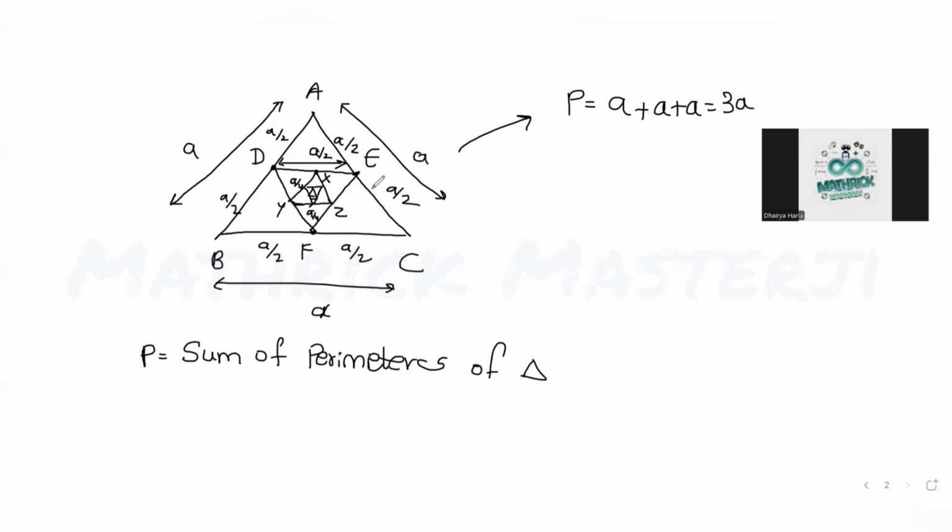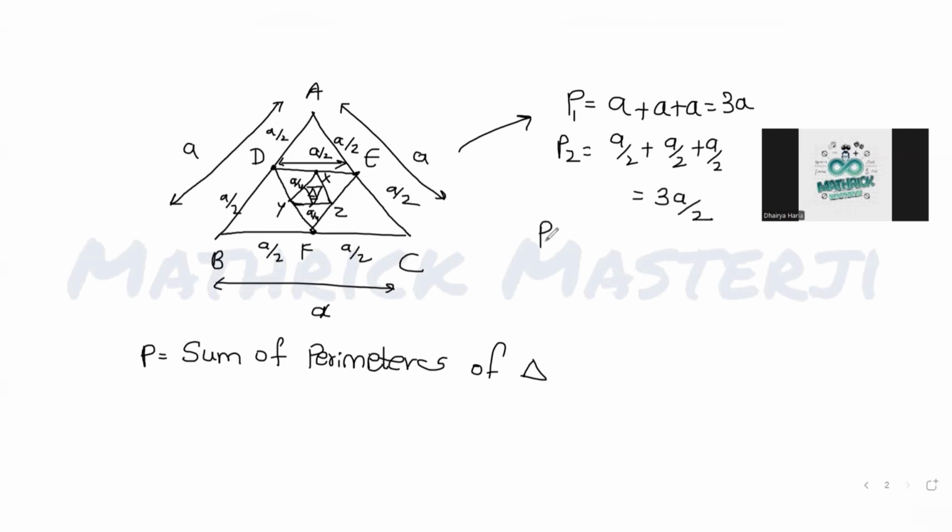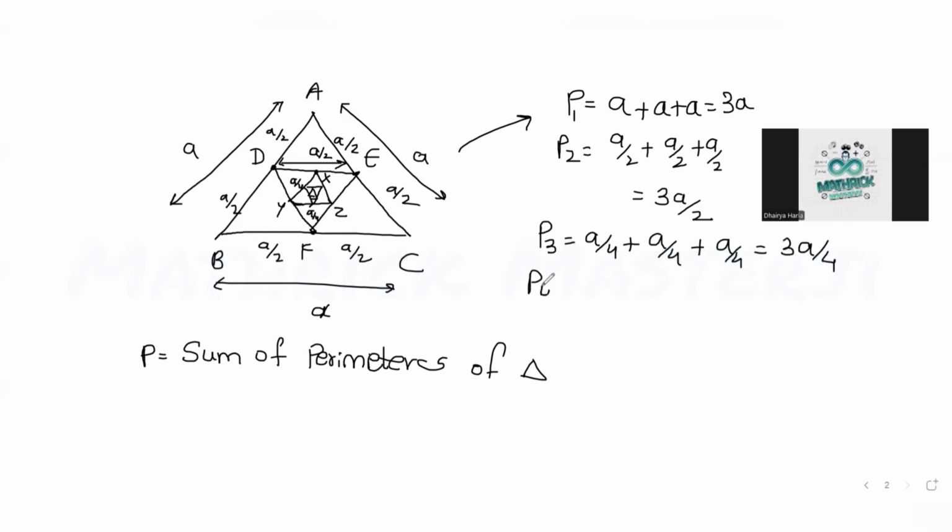The perimeter of the second triangle, which is inside the first, is A over 2 plus A over 2 plus A over 2, which is 3A over 2. The third triangle is A over 4 plus A over 4 plus A over 4, which is 3A over 4. Then the next is A over 8 plus A over 8 plus A over 8, so that's 3A over 8.